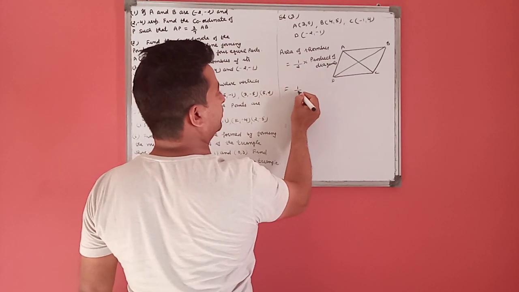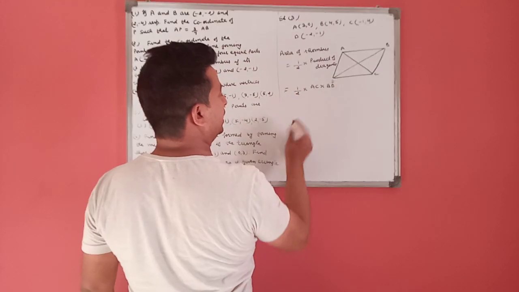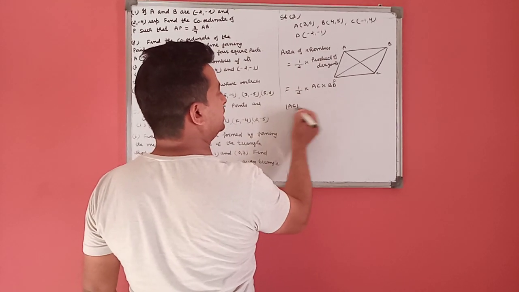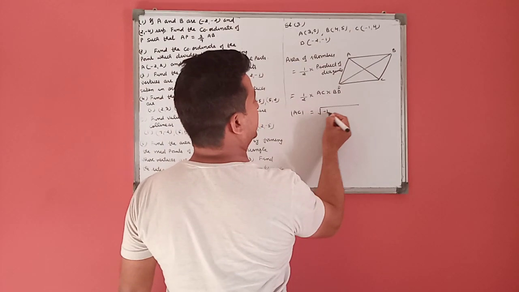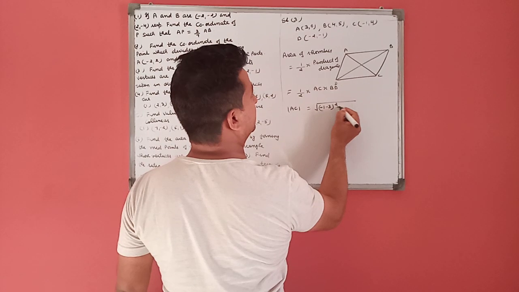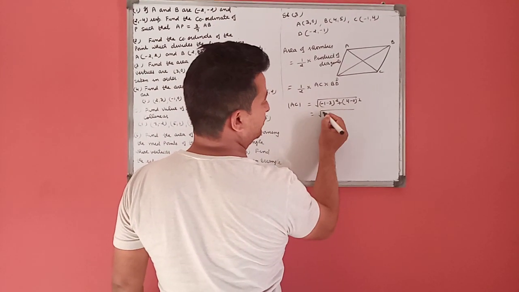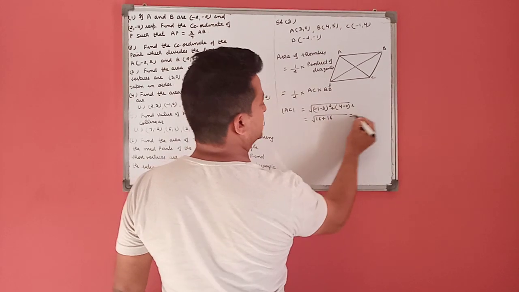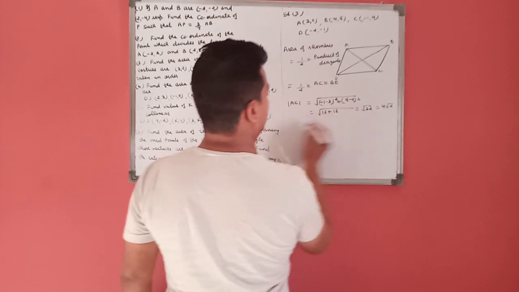This means 1 upon 2 AC into BD. First we find AC by using the distance formula. A and C, that is, square root of (x2 minus x1) whole square plus (y2 minus y1) whole square. This means 4 square, 16, plus 16. This is root 32, which equals 4 root 2.